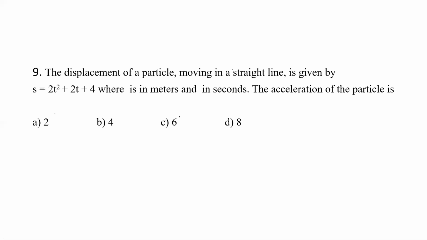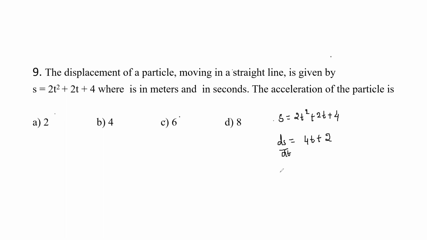So let us write. We have the equation as S is equal to 2t square plus 2t plus 4. Velocity is ds divided by dt, it is asked. Therefore, it becomes 4t plus 2.